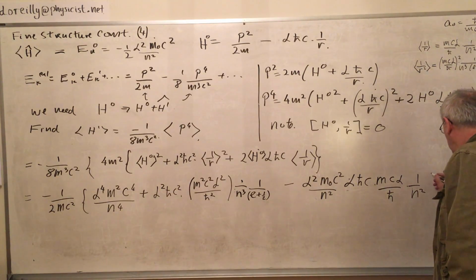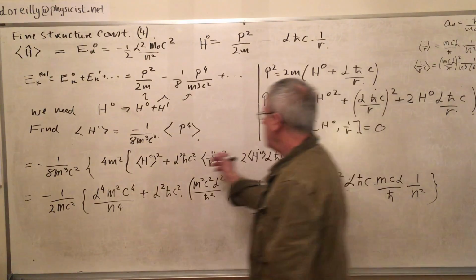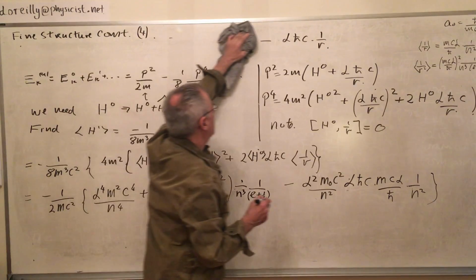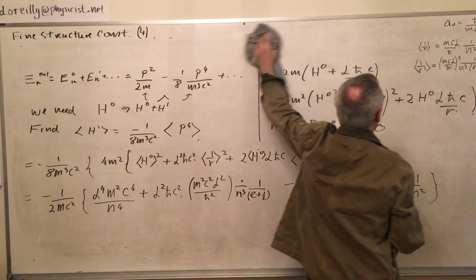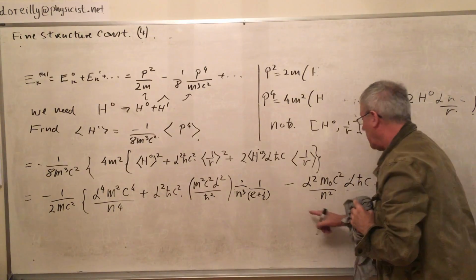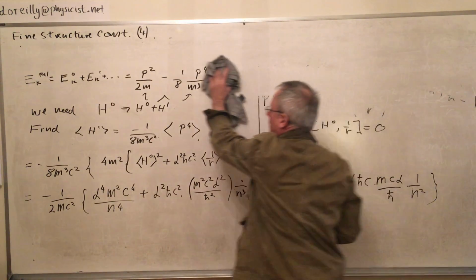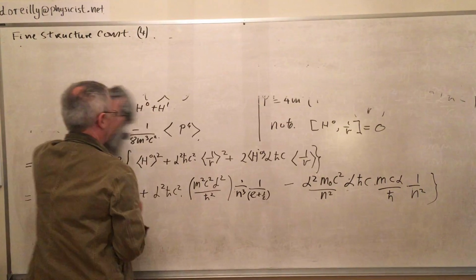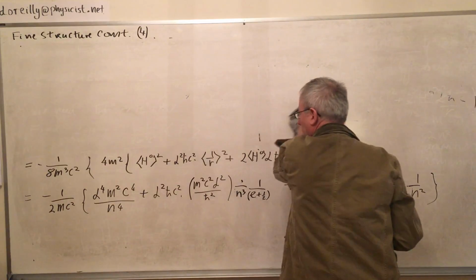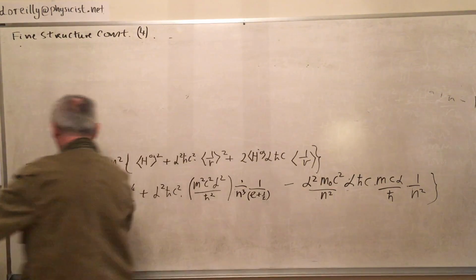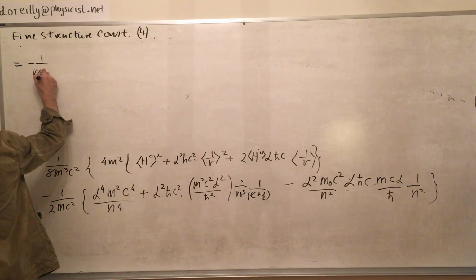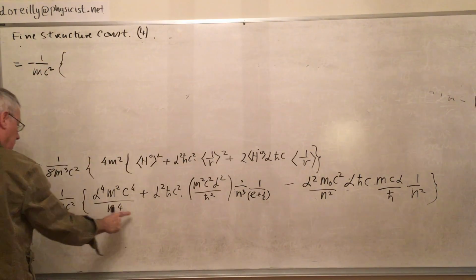So let's simplify these objects here. We don't need these, so I can move back up here. We don't need these. The only line we need is this one. So I get minus 1 over mc squared. This object here.